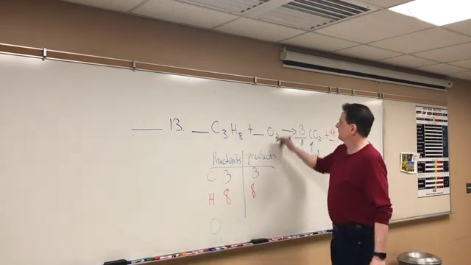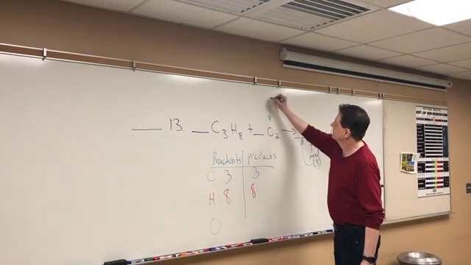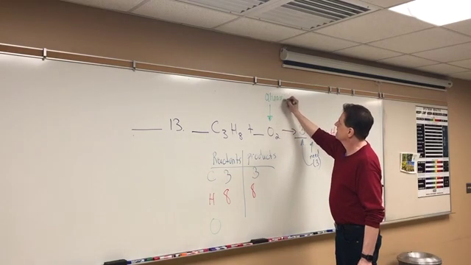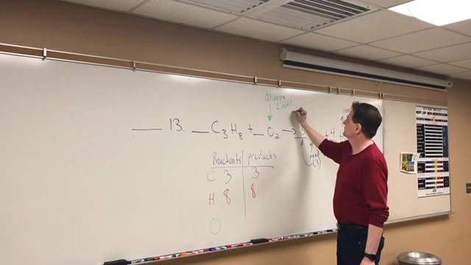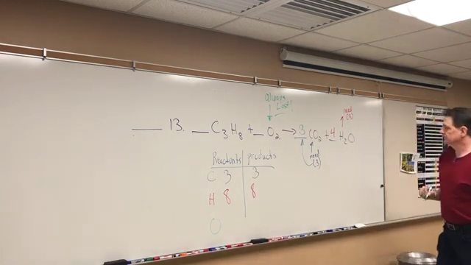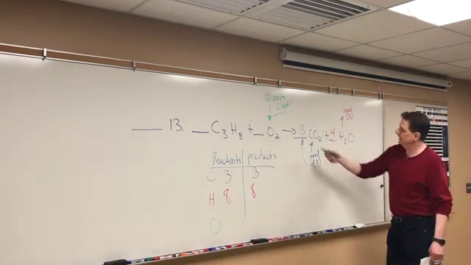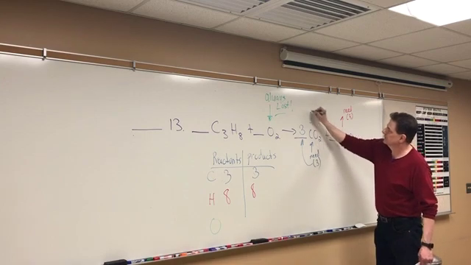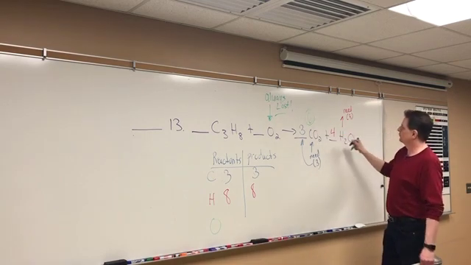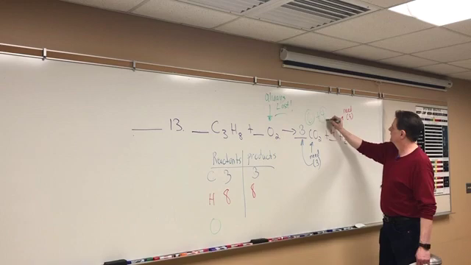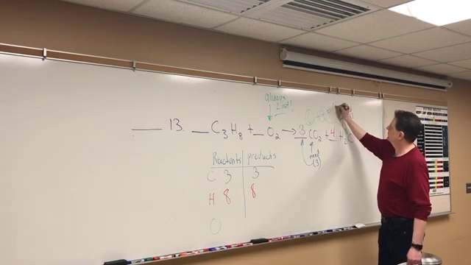One thing when you're doing combustions, this O2 is always the last thing you'll adjust. Okay? Because you need to total up the O's on this side. 3 times 2, you've got 6 there. 4 times 1, you've got 4 there, which means you have 10.